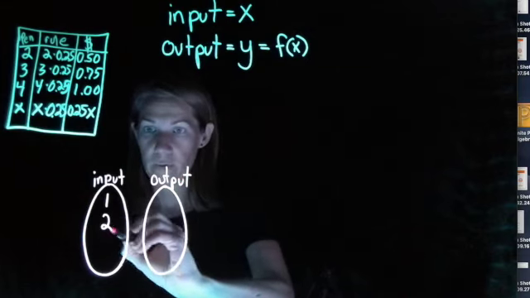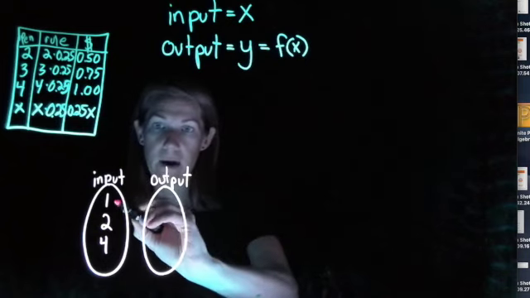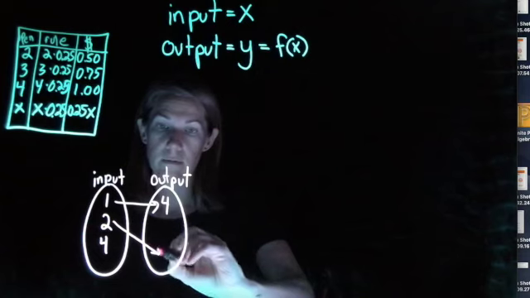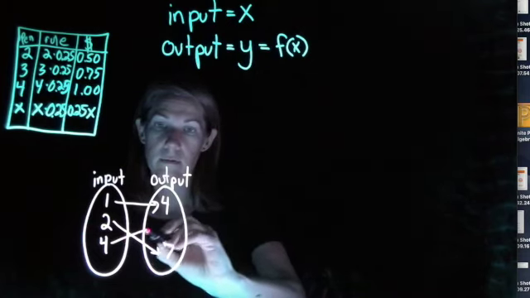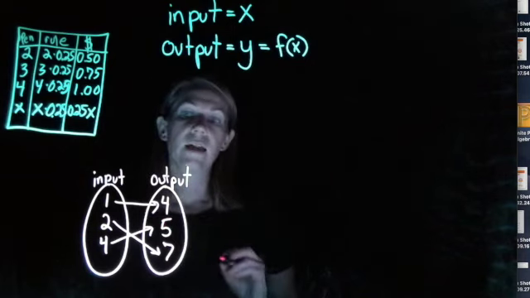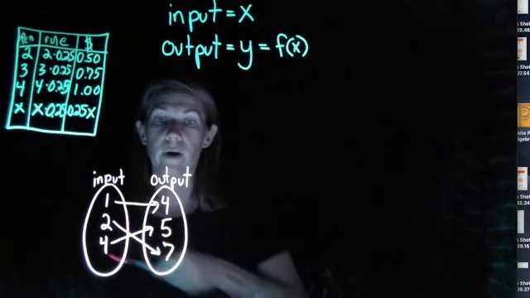And the input will be something like this, and then the output will be something like this. Okay. Now, this might not make sense that if I put 2 in, I get 7, and if I put 4 in, I get 5.